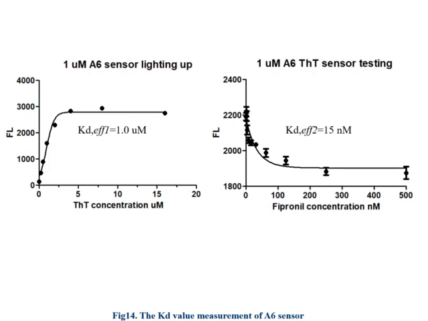Then the right figure is my target. As the target concentration increases, the fluorescence signal drops down. And here is the KD EF2. So we can get the final KD value by calculating KD EF1 divided by KD EF2.